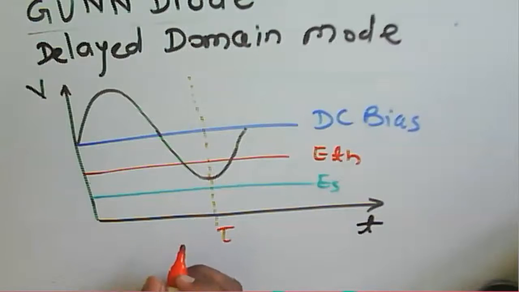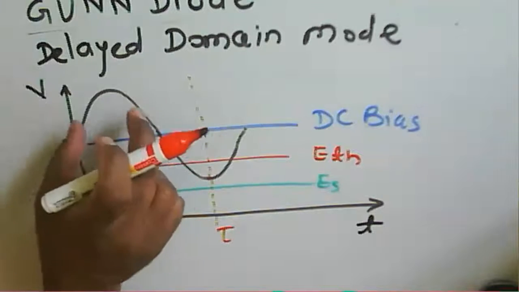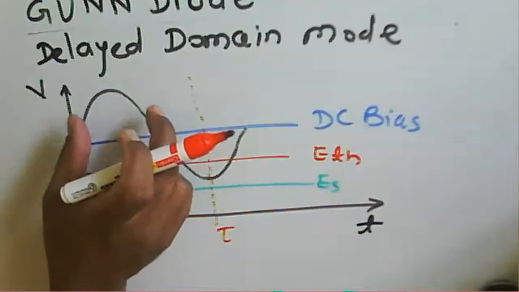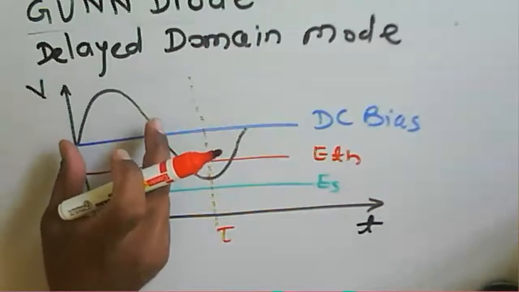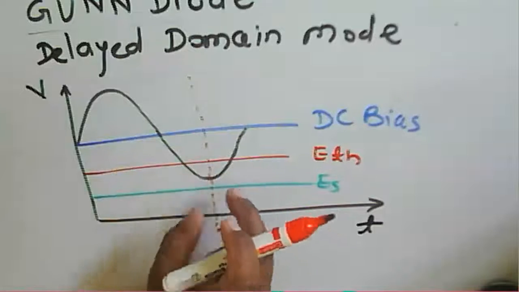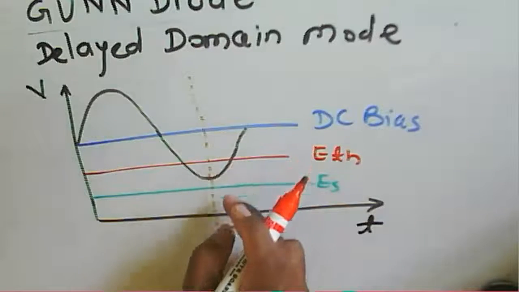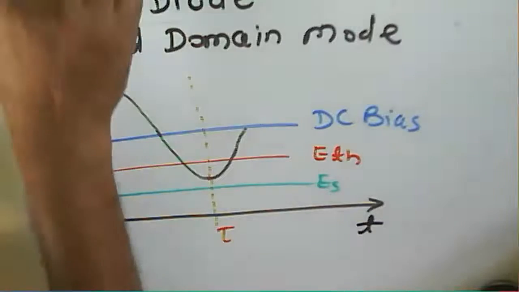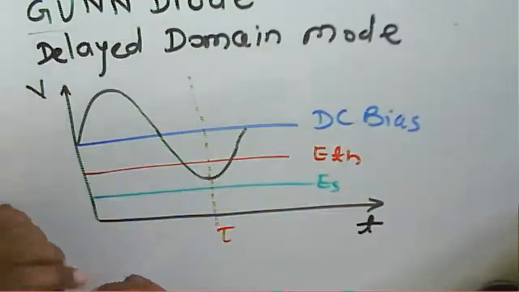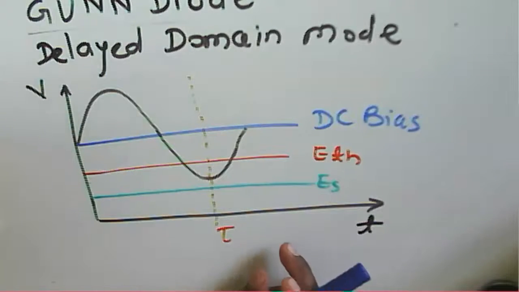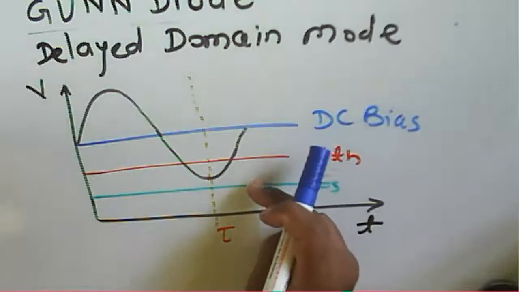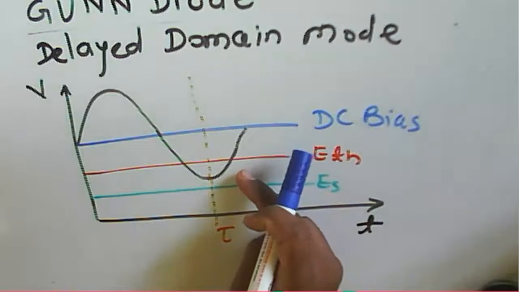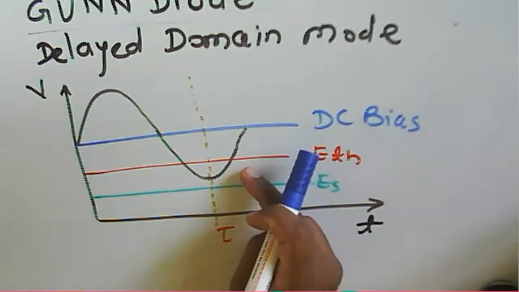This one we say is the negative resistance region, and the domain grows in this negative resistance region. This one is the positive resistance region, and in this the domain collapses. Same thing we have seen earlier. Negative resistance region, domain grows, and here we are supposed to consider a positive resistance region.